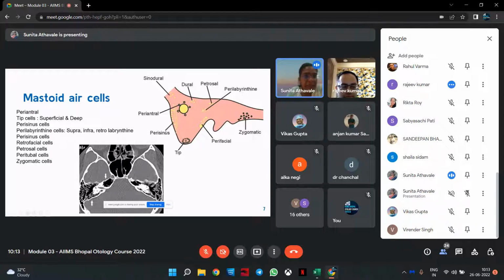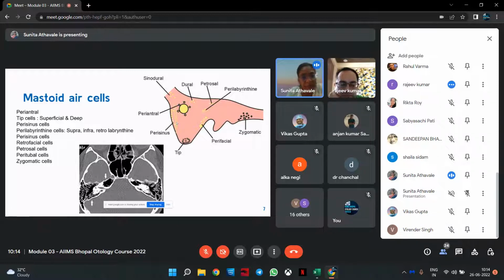There are periantral cells, which are located just around the mastoid antrum. Then there are mastoid tip cells, which are further subdivided into superficial and deep cells. Then there are perisinus cells, which are close to the sigmoid sinus.